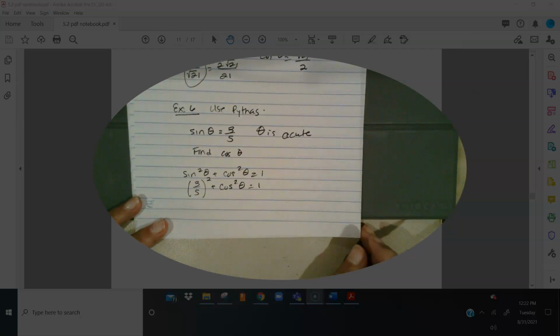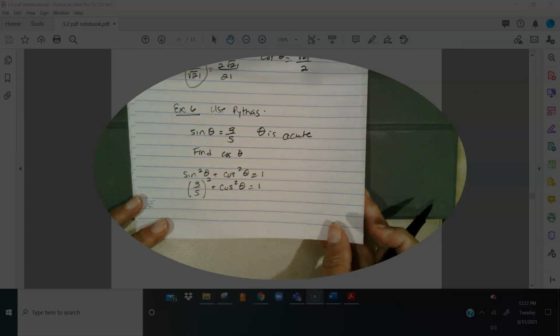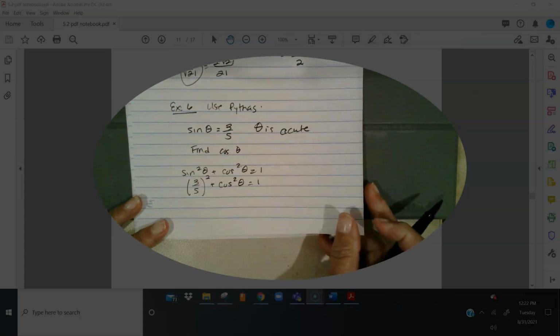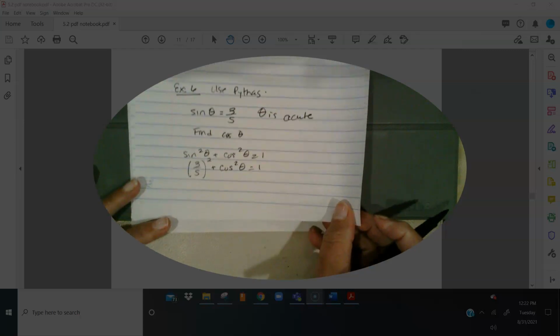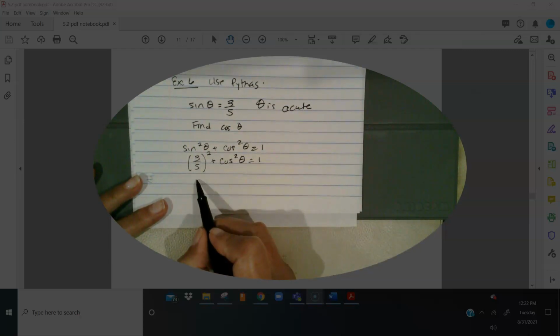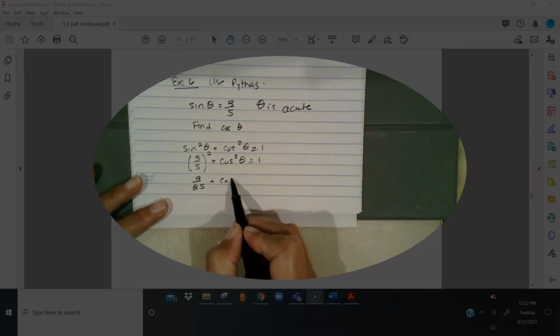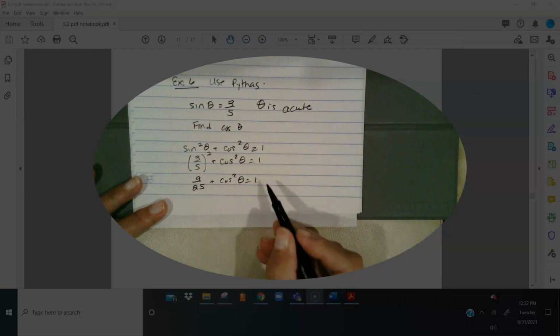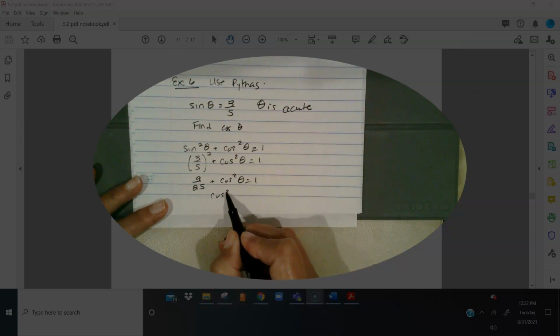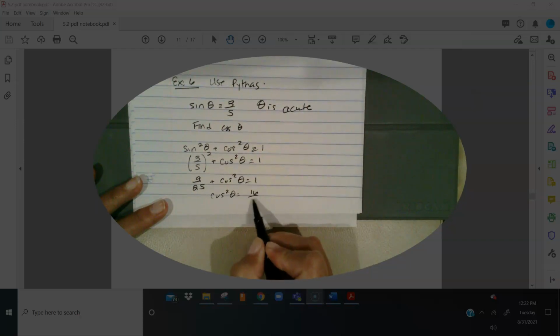Just like solving for any other equation, you have to isolate what we're looking for, and we are looking for the cosine of theta. 3 squared is 9, 5 squared is 25, plus cosine squared theta equals 1. The next step would be to subtract 9/25 from 1. So cosine squared theta equals 16 over 25.